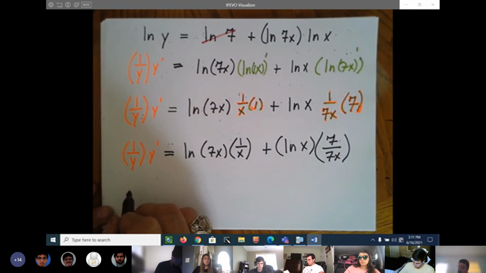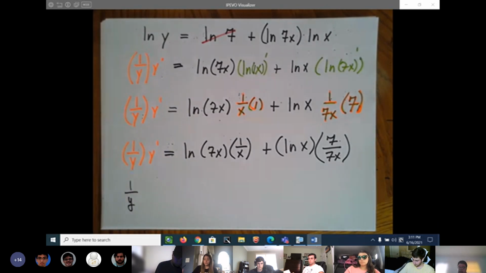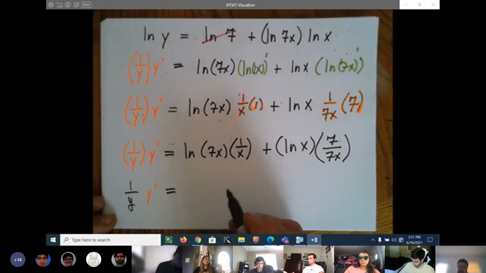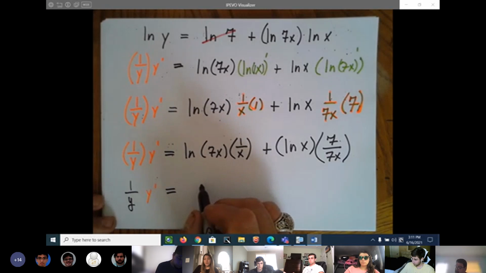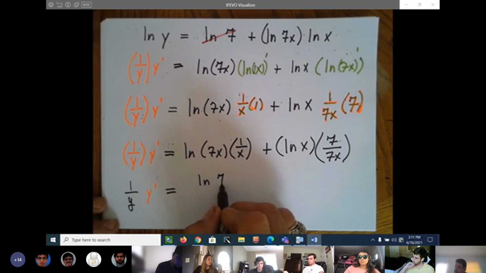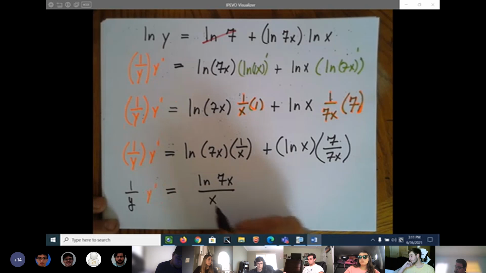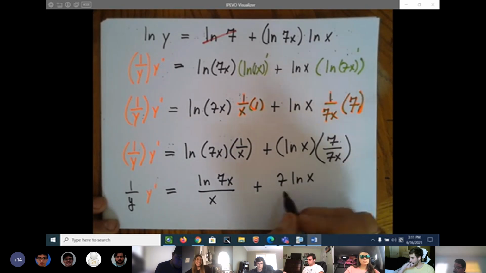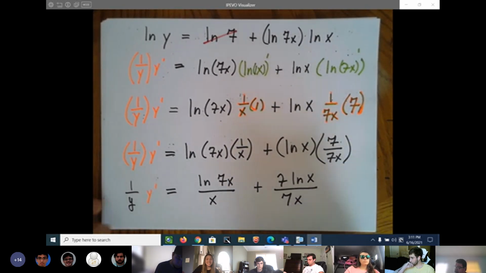So 1 over y times y prime is equal to natural log of 7x over x plus 7 natural log of x over 7x.